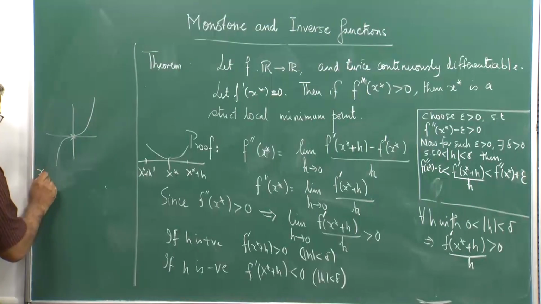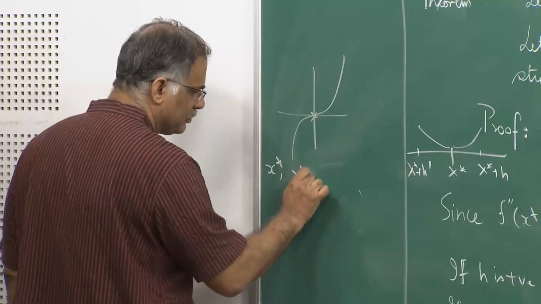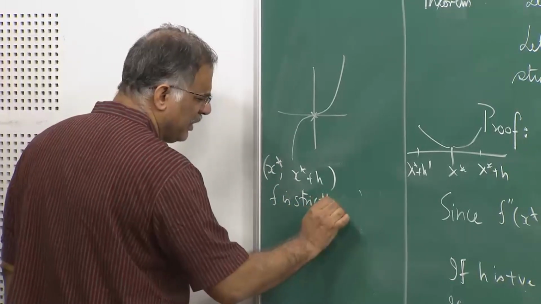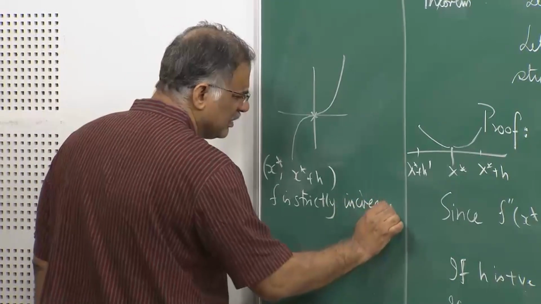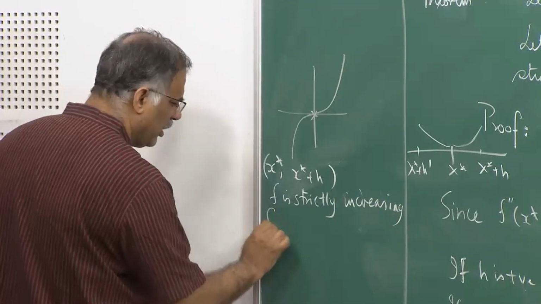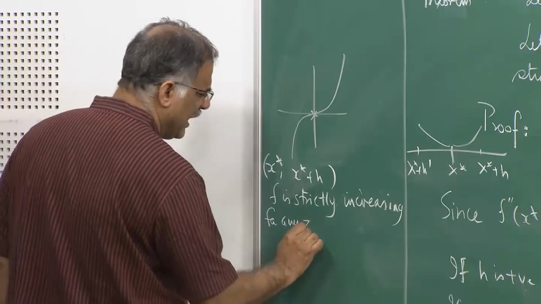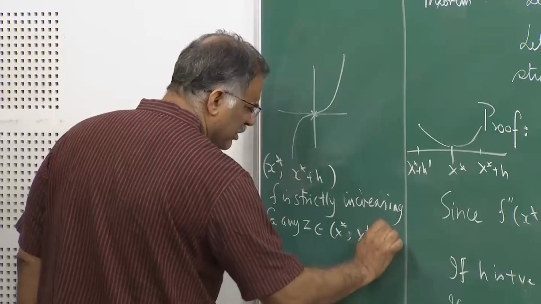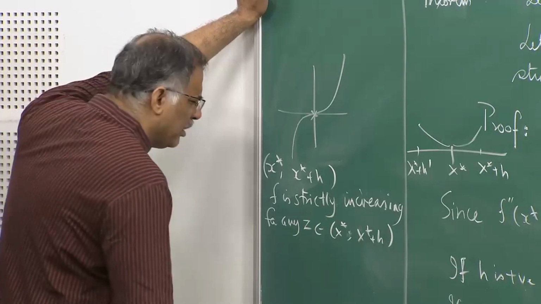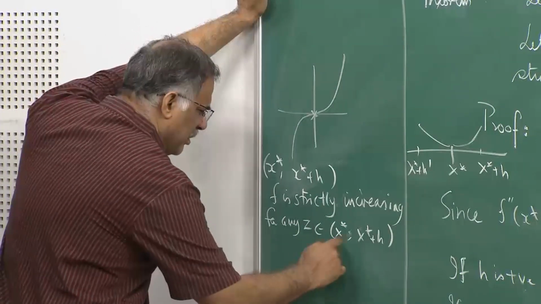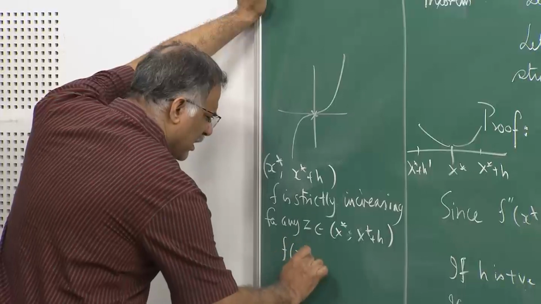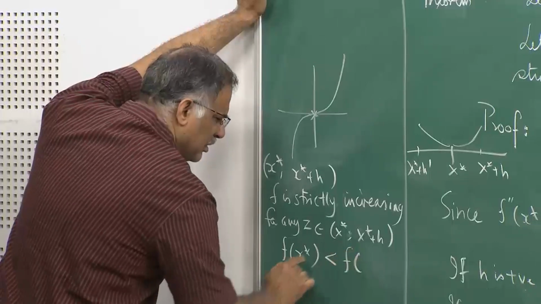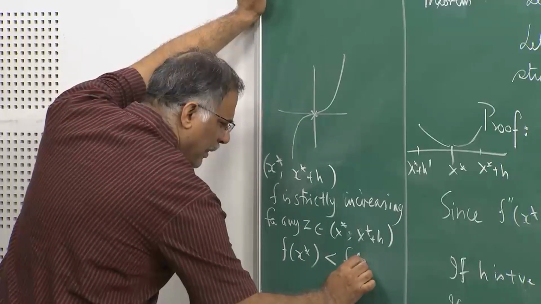Between x star in this interval, f is strictly increasing, and so for any z in x star to x star plus h, I will have f of x star strictly less than f of z.